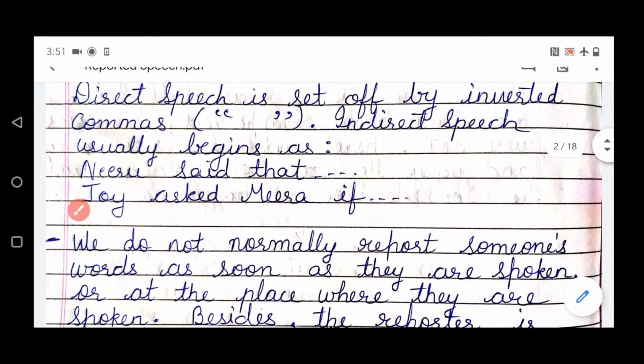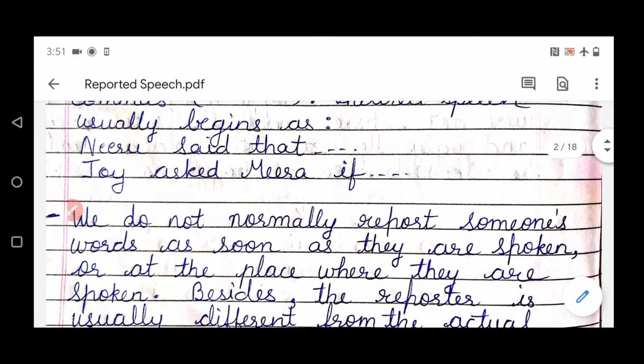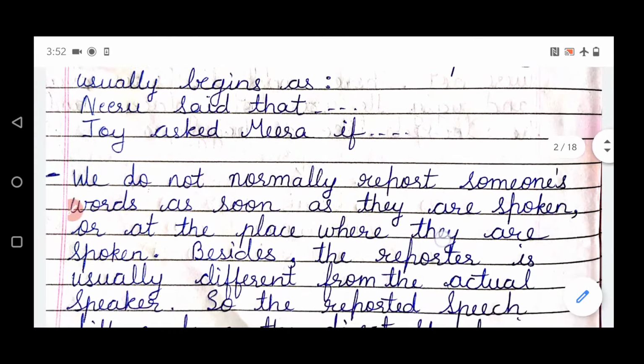Or Joy asked Meera if. So after Neeru said that, we can continue with whatever the sentence is. After Joy asked Meera if, we can continue with whatever is there.